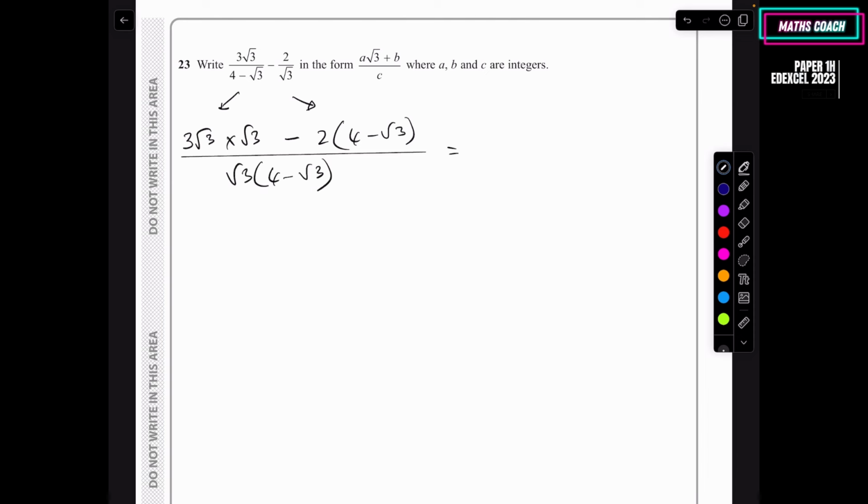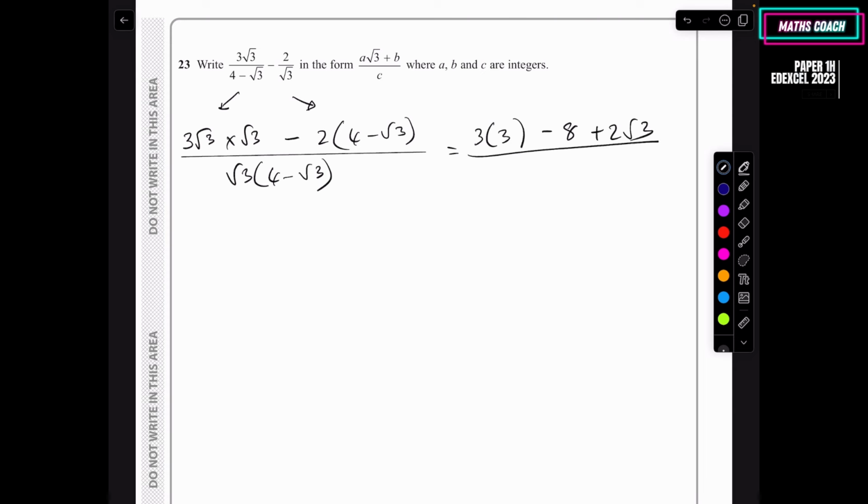Okay, so if we expand everything, 3 root 3 times root 3, those multiply to give you root 9, which is just 3, so that's 3 times 3, and the 3 tags along and multiplies. On the second part, that's minus 2 times 4 is minus 8, and then root 3, which has a negative here, so be careful of this. This will give us an overall positive, that will be plus 2 root 3.